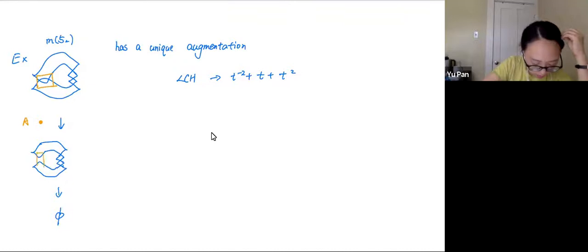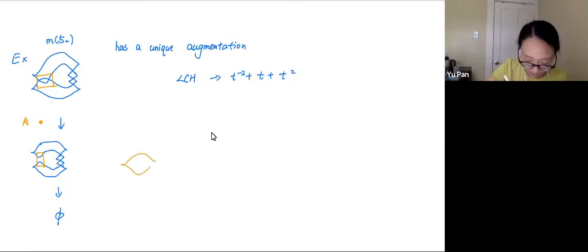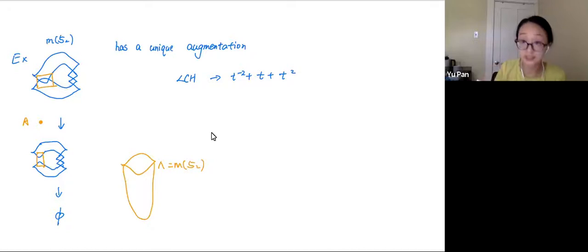So going from here to here, we get a double point, and we call it A. Once we arrive here, this is just an unknot, so you can do a Reidemeister 1 move to reduce it down and then close it up with a disk. So you just get the empty set. And this whole procedure built us a filling for this mirror of 5-2, and we know that the filling is just a disk with a single double point A.